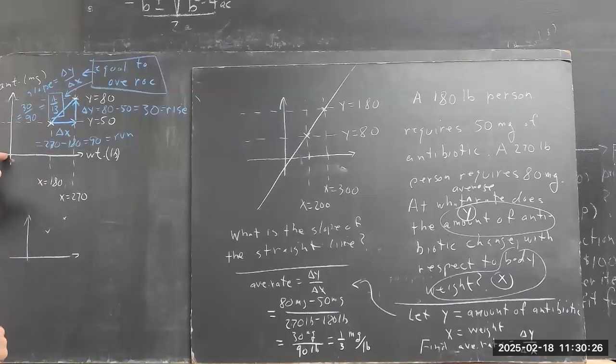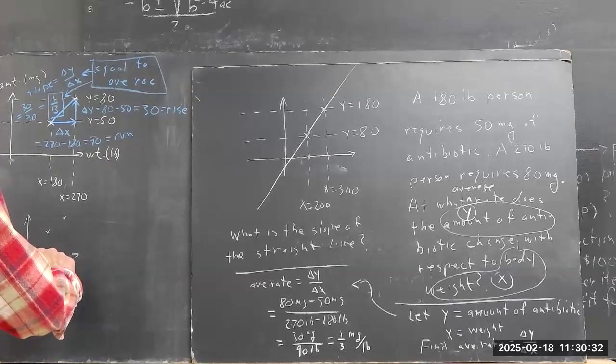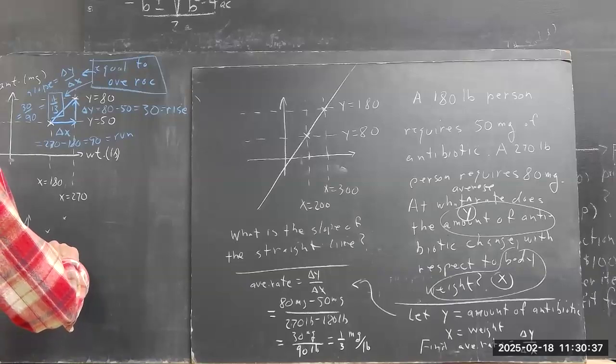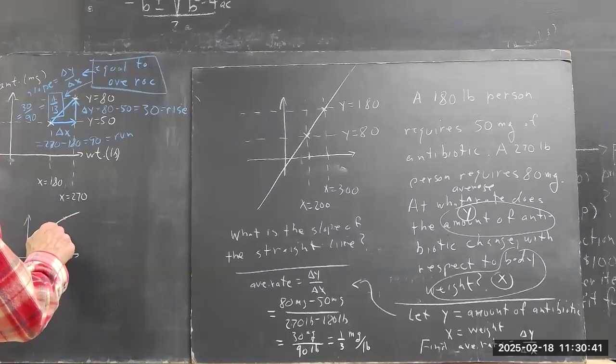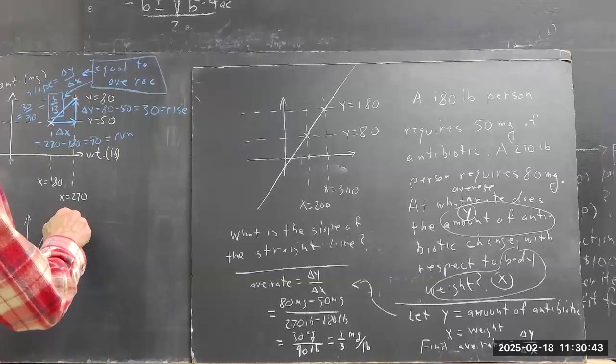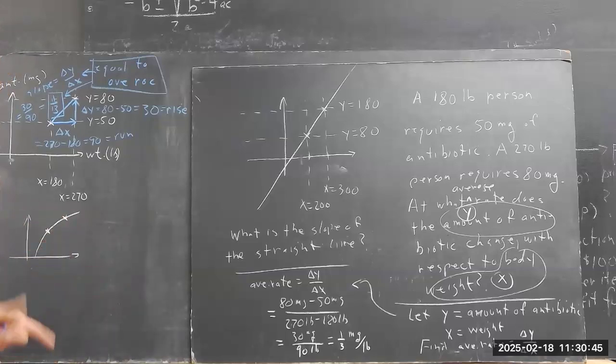This line doesn't go through the origin. This thing is supposed to behave kind of like this. That's kind of like a shifted square root function, isn't it?